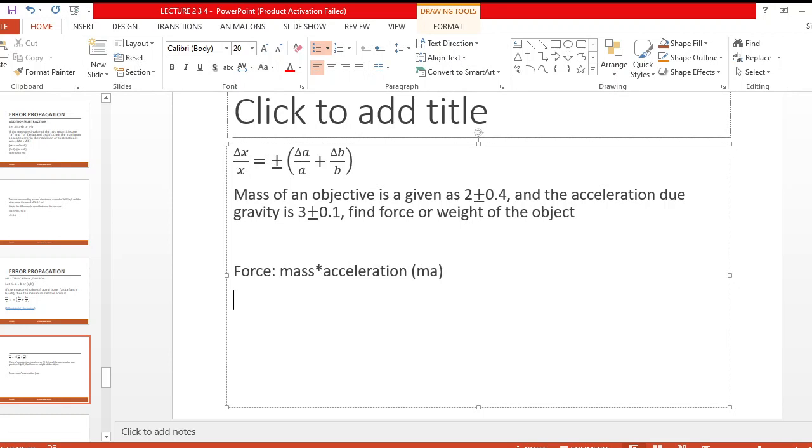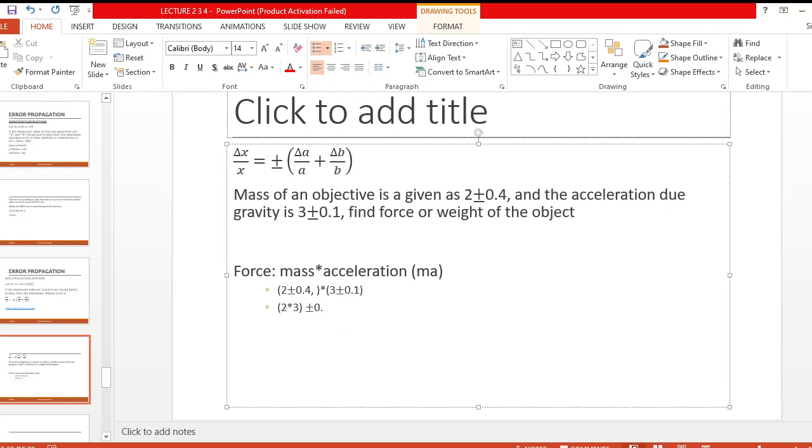But if you look at our example, you see that mass is 2 plus or minus 0.4, and the acceleration is 3 plus or minus 0.1. Now we are talking about the error in the measurement. You do the normal multiplication for the measured values, which is 2 times 3.